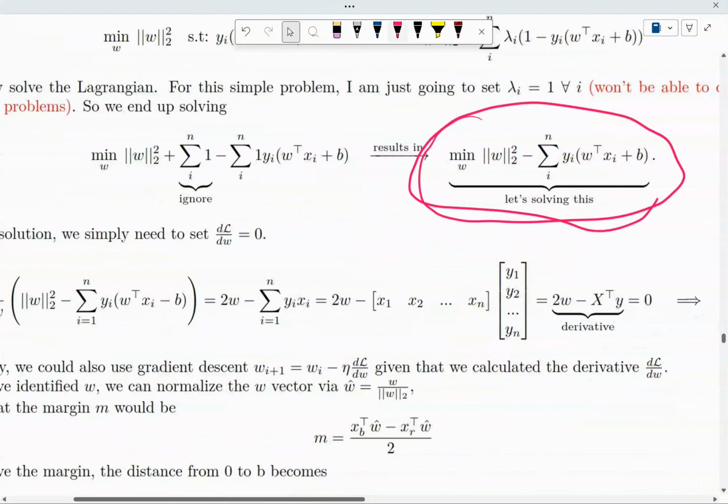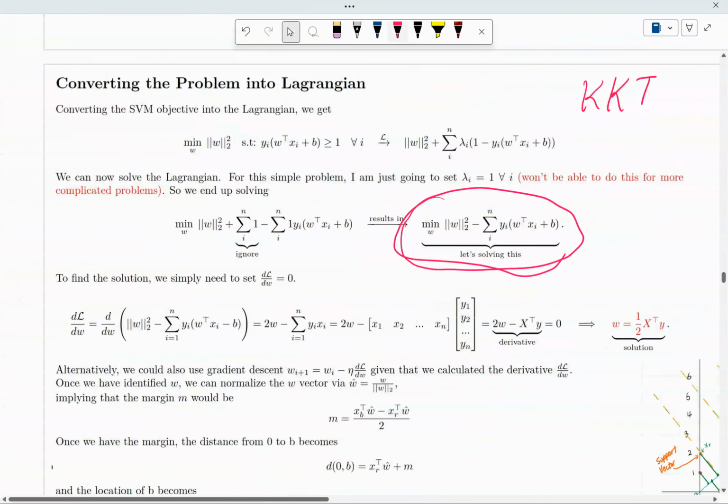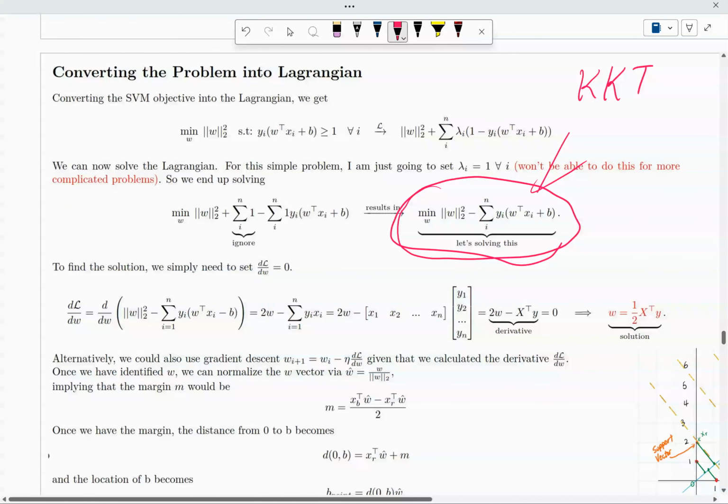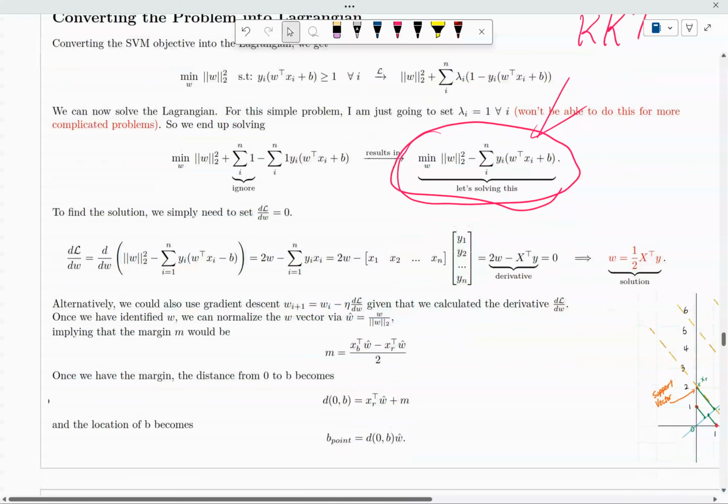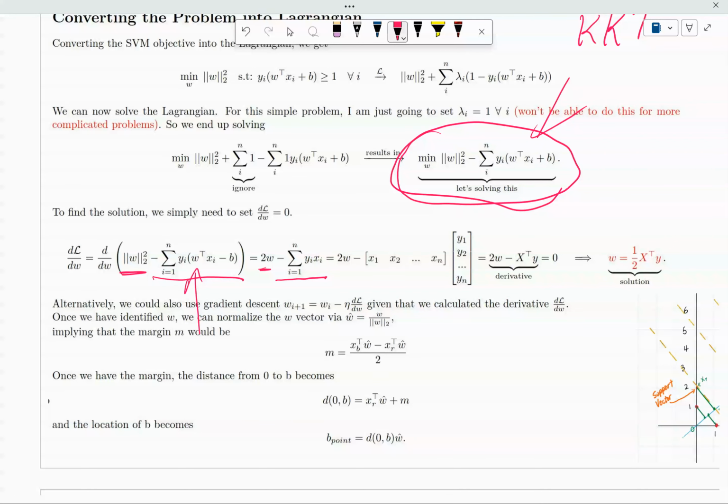Now, if we want to run gradient descent, all we have to do is take the derivative. What is the derivative of this? It's 2w. And the derivative of this with respect to w is equal to xi yi. Now, 2w we can't simplify any further, so we copy 2w.